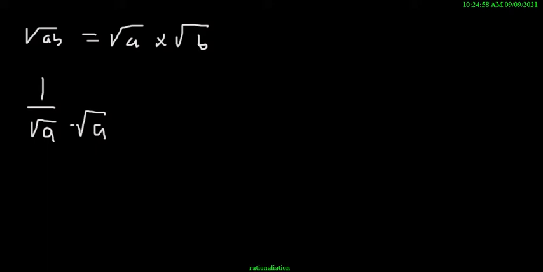So in this video we're going to talk about rationalizing denominators or even numerators. But yes, denominators or numerators. Let's do that. So when rationalizing, we should be given an expression where the denominator is not rational.